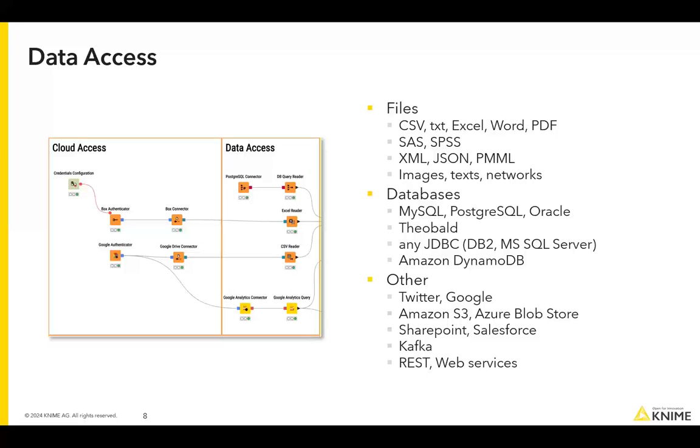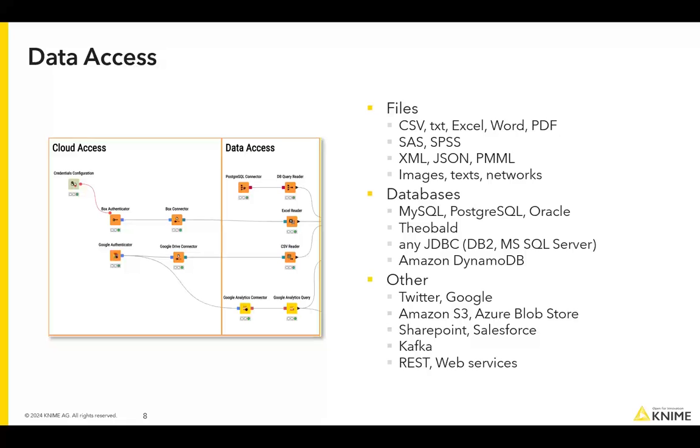First of all, when you start working with data, usually you need to access the data. There is a group of nodes that can help you access data from different sources, from files, from very simple tabular data files such as CSV, Excel, and so on, to more advanced files that allow you to access unstructured data such as images and texts.